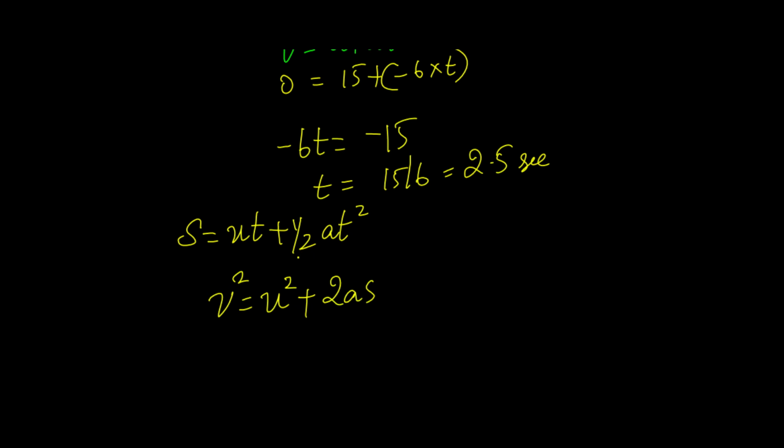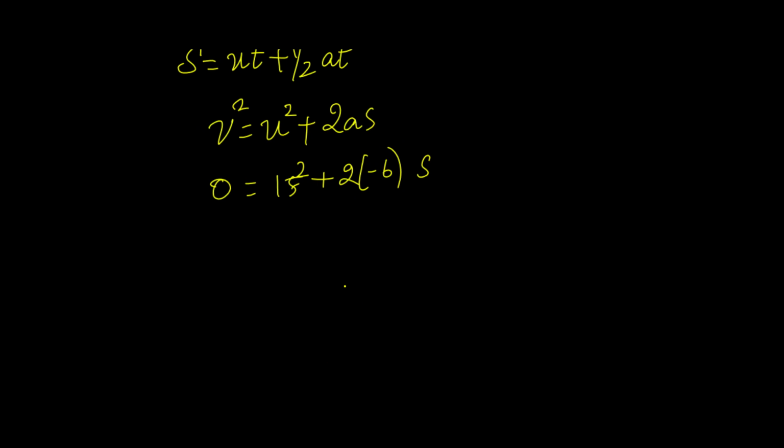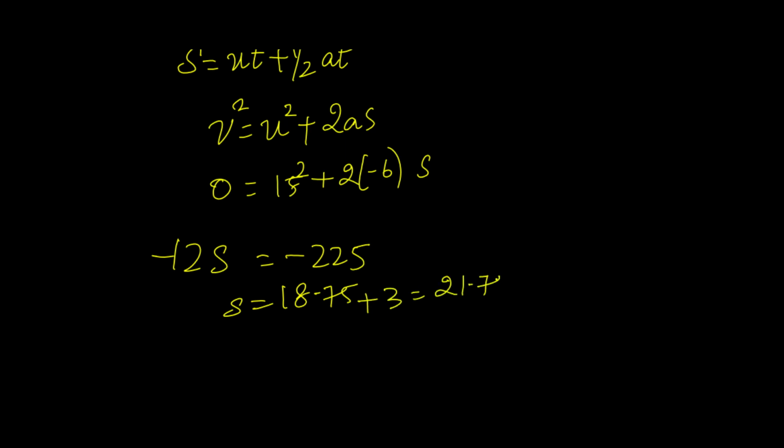So 0 equal to 15 square plus 2 into minus 6 into S. Solving this, 12S equal to 15 square, which is 225. 225 by 12 is 18.75. The distance during the reaction time is 3, so the total is 21.75 meters. This is the braking distance.